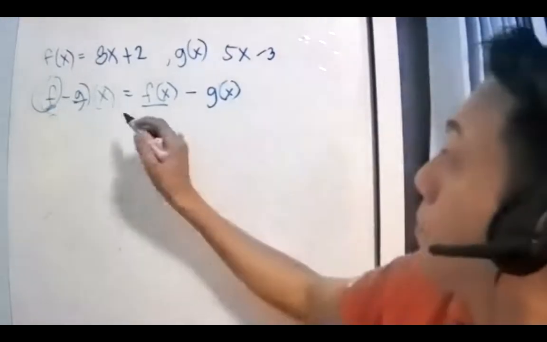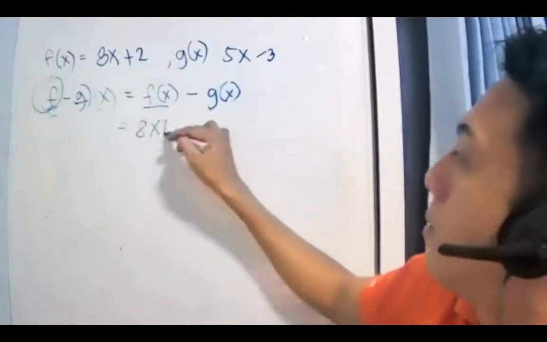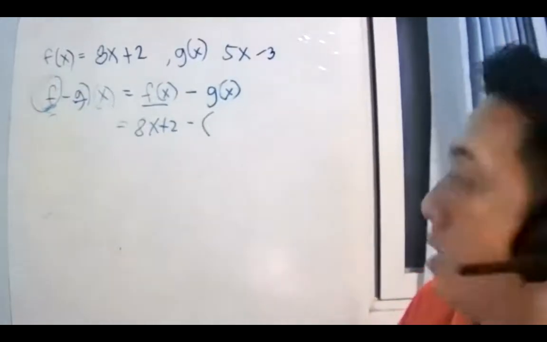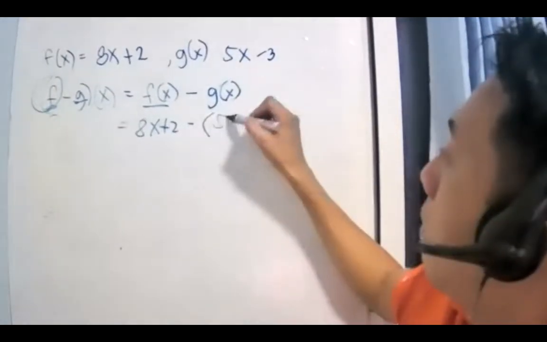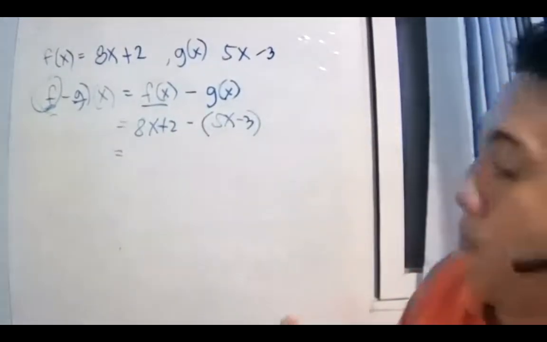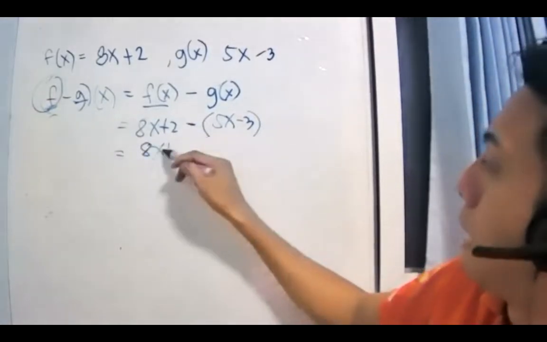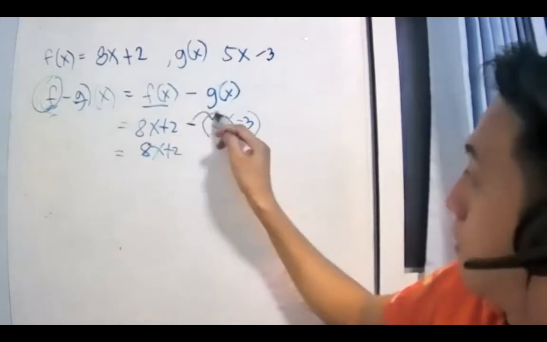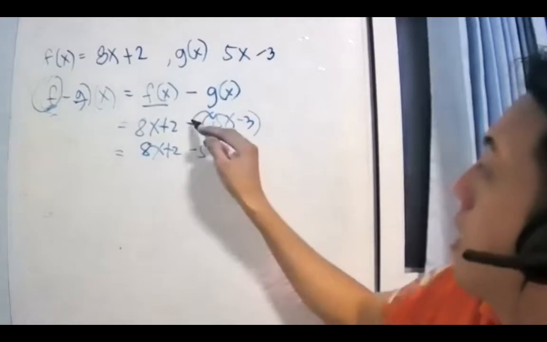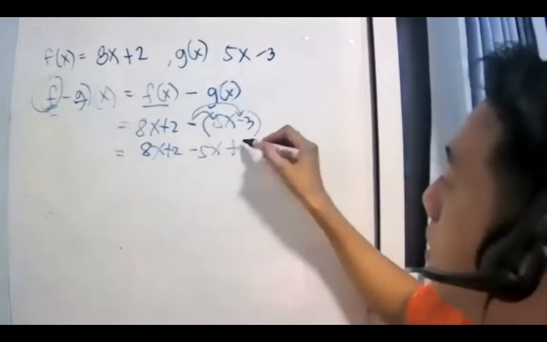Okay, let's do this. The value of f of x is 8x plus 2 minus, do not forget the open and close parentheses, 5x minus 3. Before we solve this one, we need to distribute this one first. So 8x plus 2, negative times positive, that is negative 5x. Negative times negative, that is positive 3.